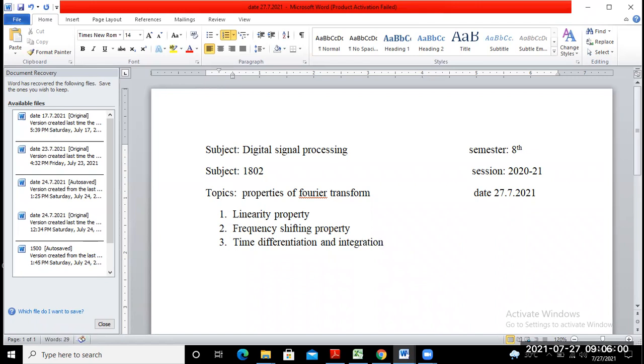Next one is the time scaling property. Next is the multiplication and convolution property. Next is the time shifting property.